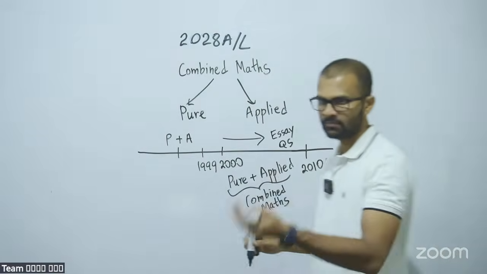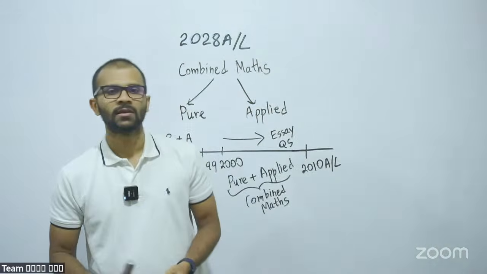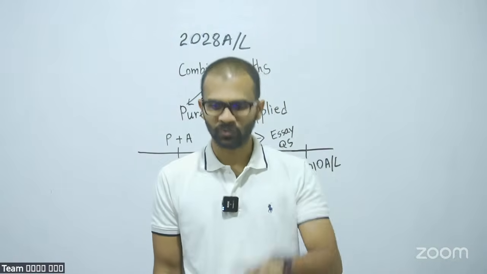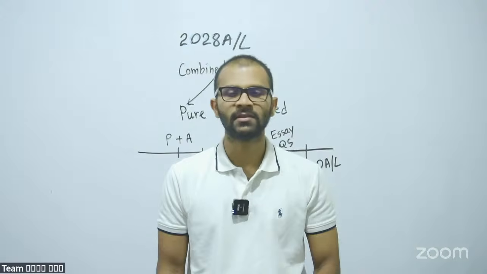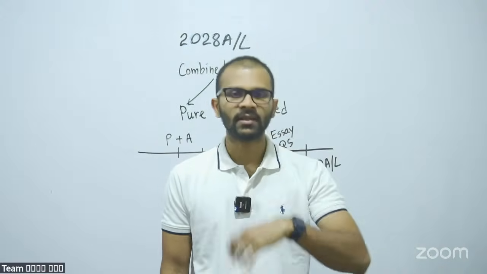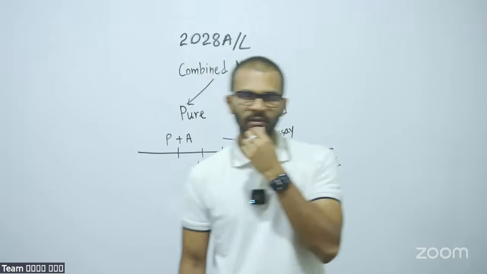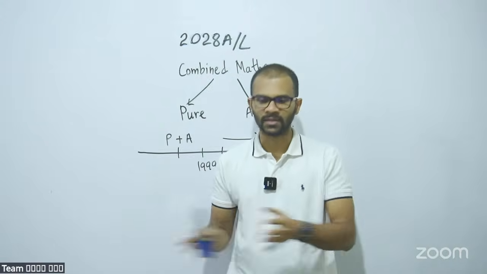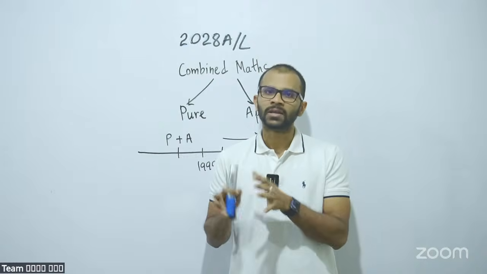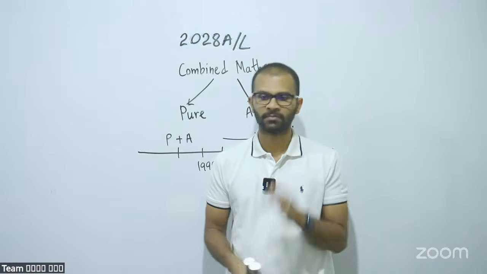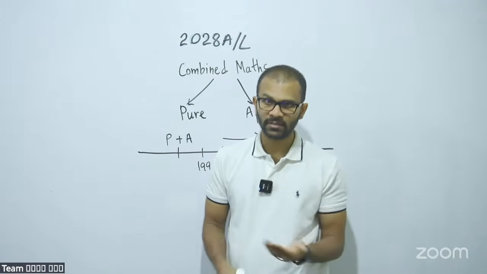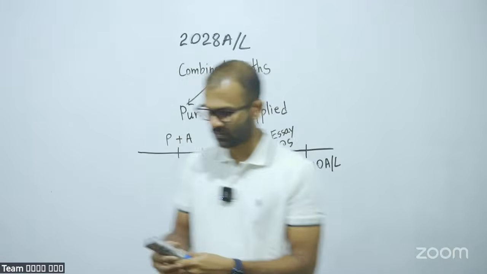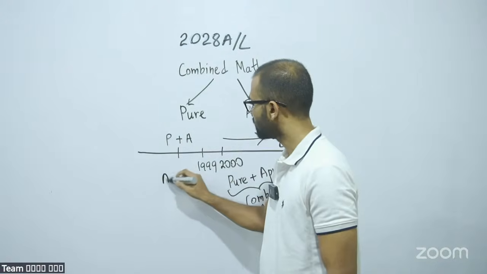There were 9 pure essay questions and 9 applied questions. So they had to answer 6 out of 9 and 6 out of 9. Actually, there were 2 papers, pure and applied, on separate days. But altogether, they had 1 result. Previously, before 1999, they had 2 papers, 2 results. There were 4 results now.